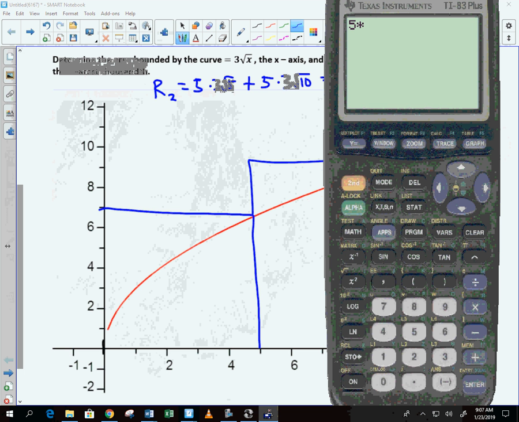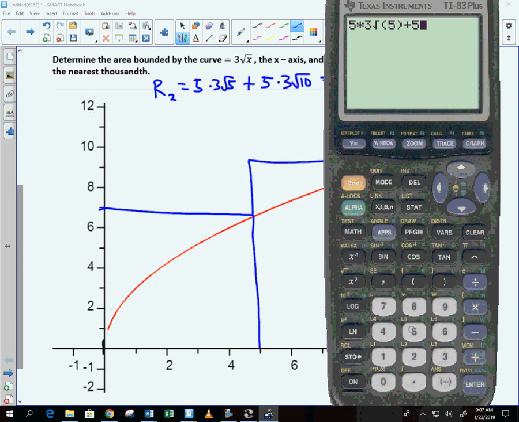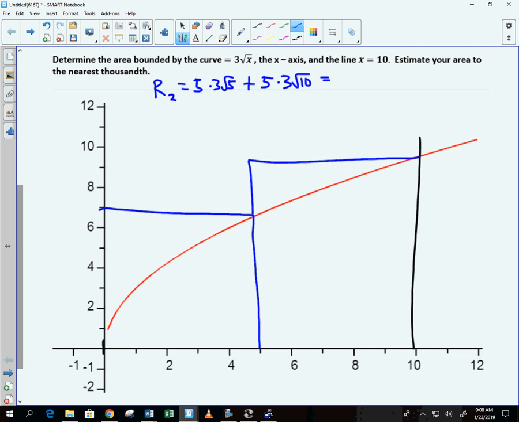Five times 3 roots of 5 plus 5 times 3 roots of 10. And I get 80.975. Everybody agreed? Okay, that would be the right-hand sum of 2 rectangles.